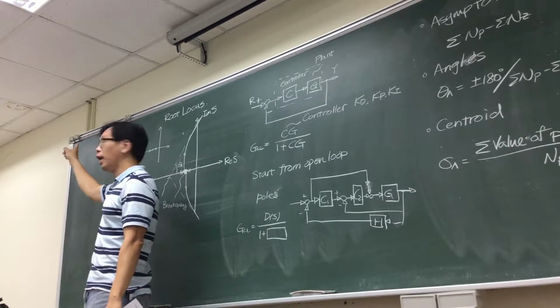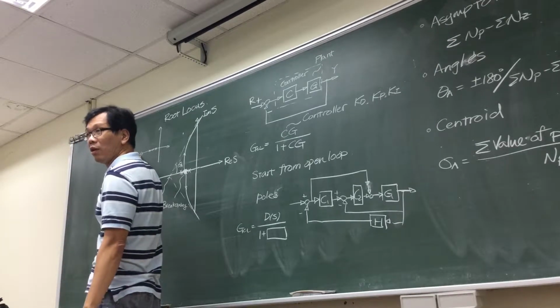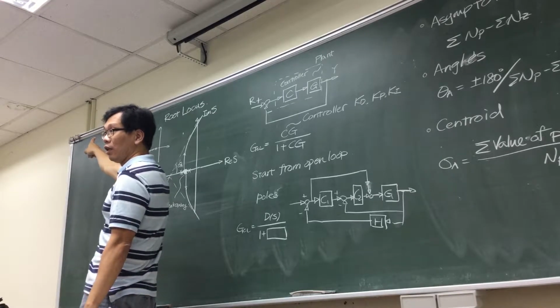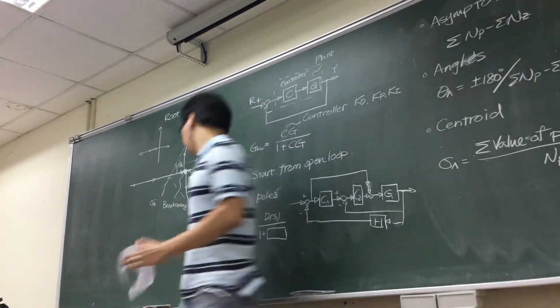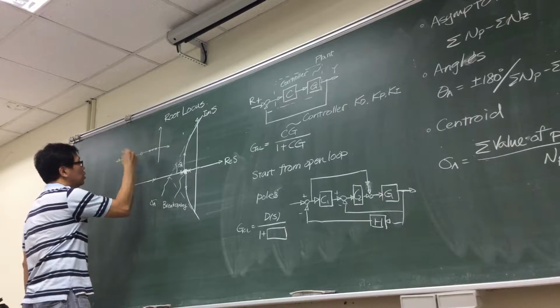Make sense? One of the poles is going to be attracted by this zero, and the other one must go to what? Infinity, right? And that is going to be negative 180 degrees. So we know it must go in this direction.